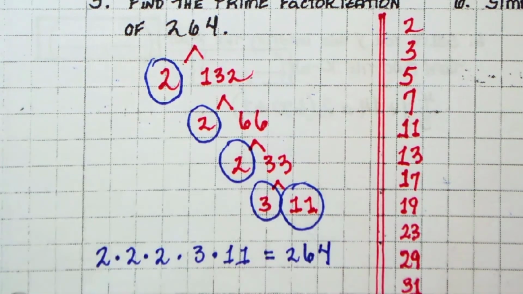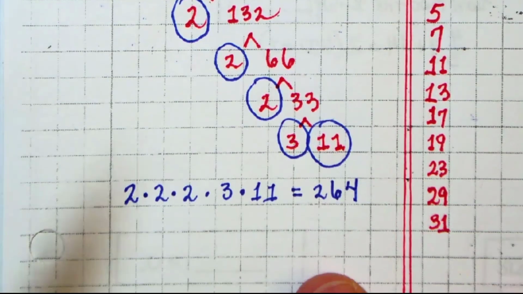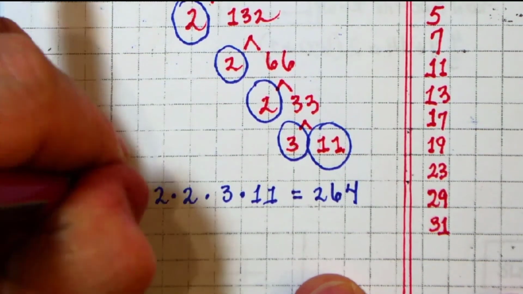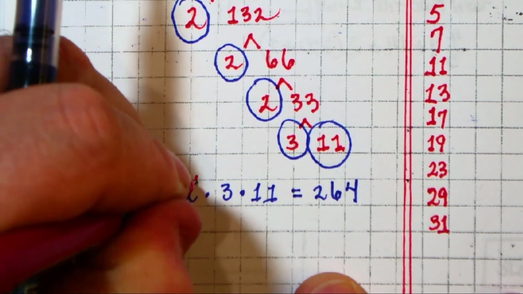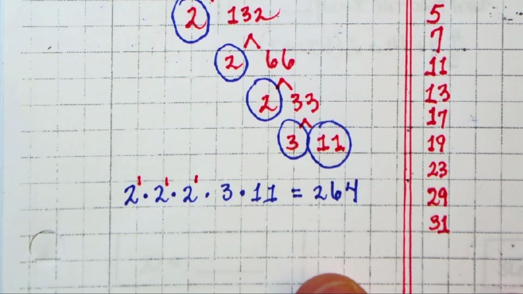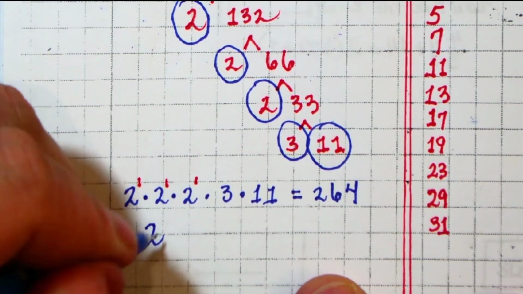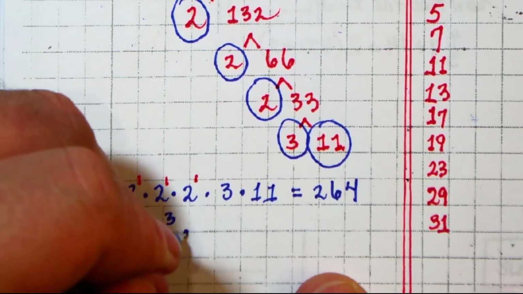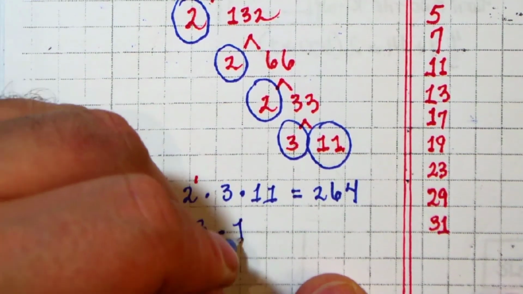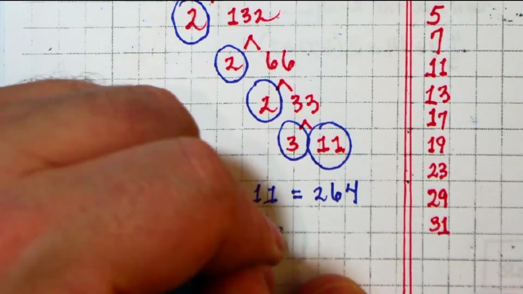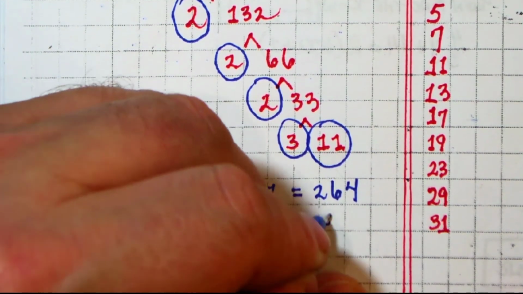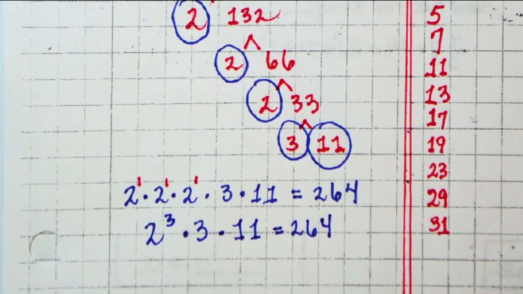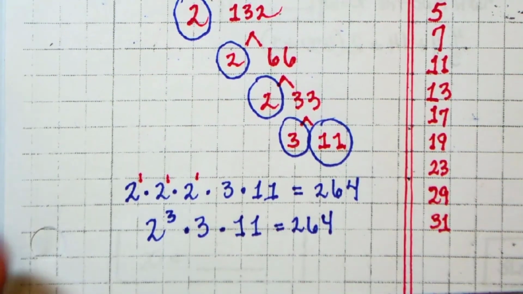But then I also want you to recognize that you have three 2's. It's 2 to the third power times 3 times 11 equals 264. Either one, any of it, all of it, okay?